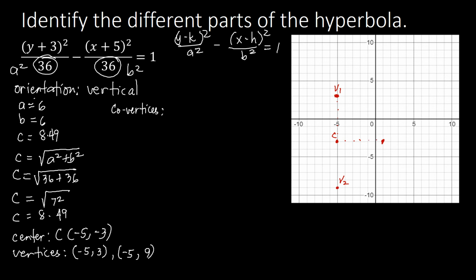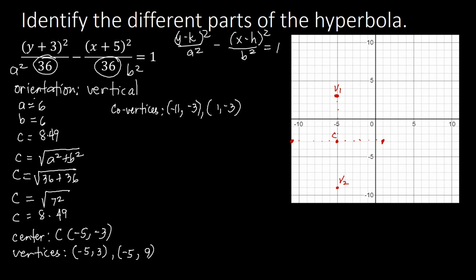And then 6 also to the left side: 1, 2, 3, 4, 5, and 6. So identifying now the coordinates of the co-vertices. From the left side, we have that one as negative 11, and then on y here as negative 3. And then we also have 1 and then negative 3 on the right side.